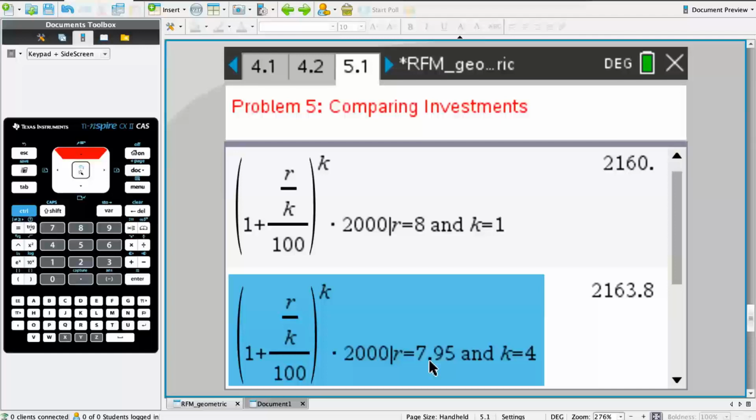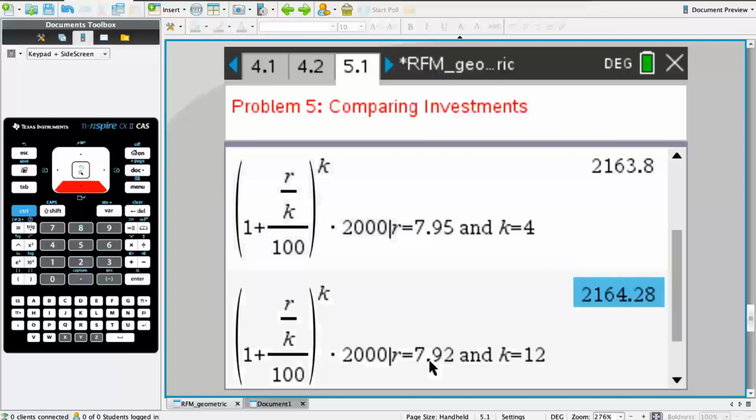And then the third option is for a lower rate still, but in this case it's compounding monthly, so the K is 12. And so you end up with a little bit more again. So in fact, even though option C has the lowest of all of the rates, it gives you the greatest final value at the end.